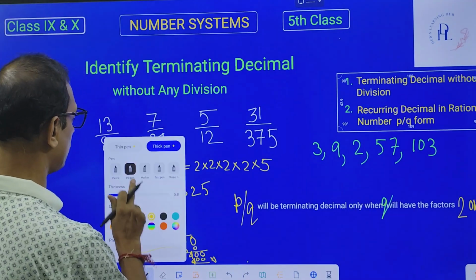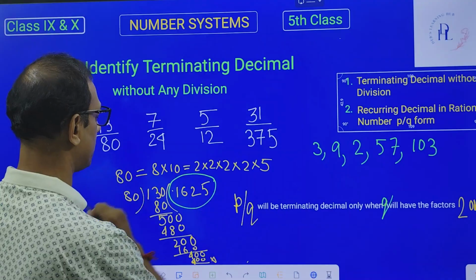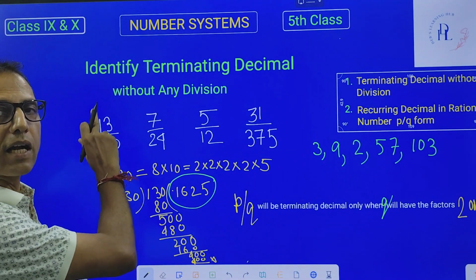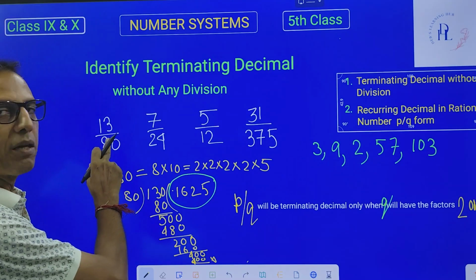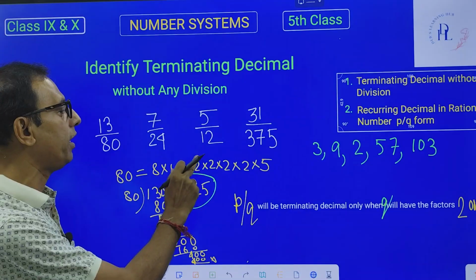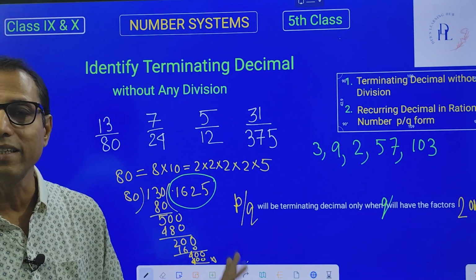So this is the terminating decimal answer; it is completely divisible. That means without any division you can say that 13 by 80 is a terminating decimal because its denominator q can be expressed only with the factors 2 and 5, not anything else.